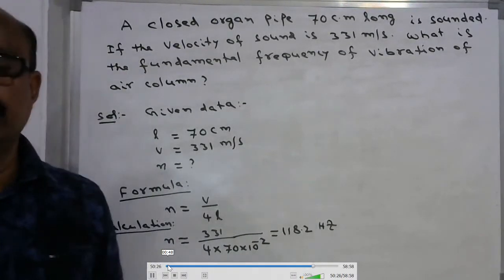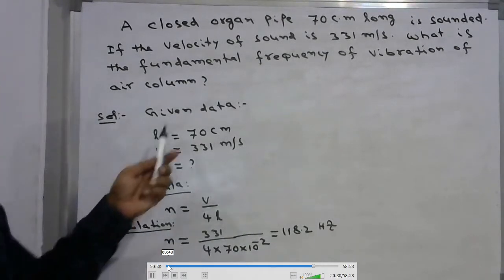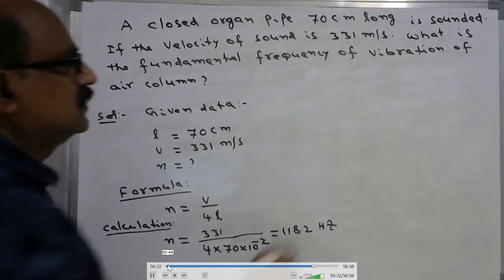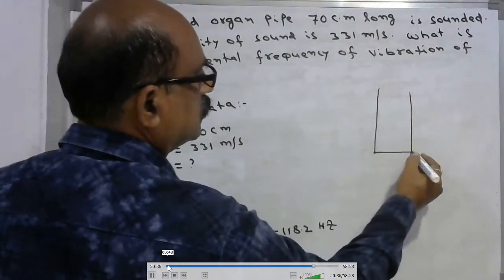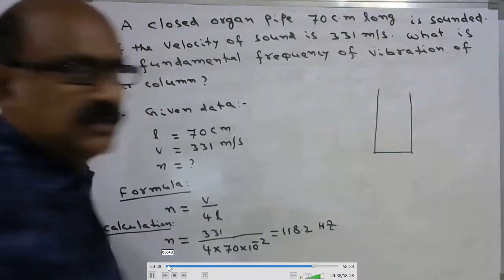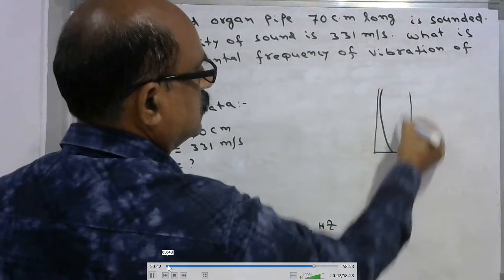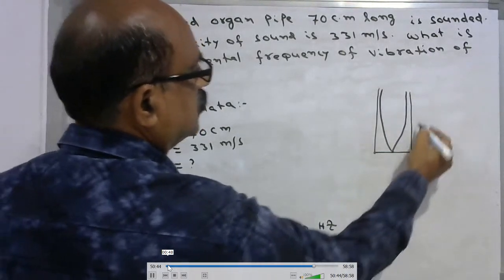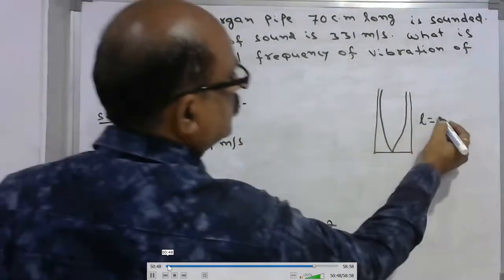In this problem, we have to observe the given data. The length of the air column is given. It is a closed pipe, and for a fundamental frequency we have to observe the first mode of vibration, for which the length is given as 70 centimeters.